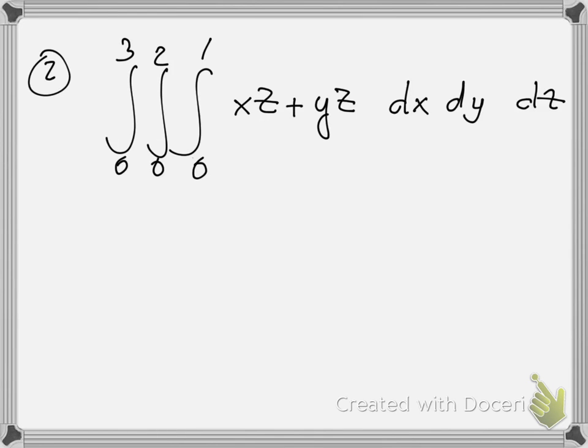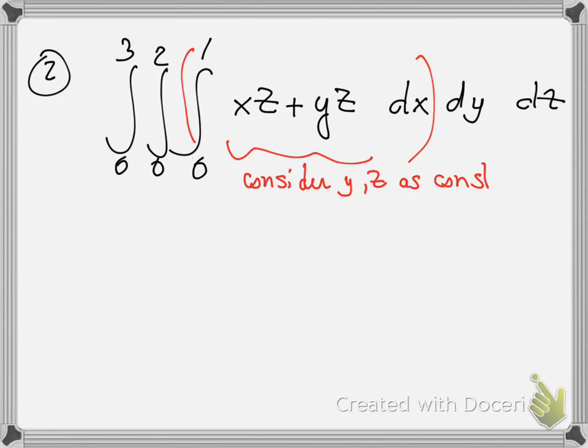So again, in order of integration, we start with the integral with respect to x. So here you consider y and z as a constant. Of course, guys, you may ask if we can also apply Fubini's theorem to triple integrals.